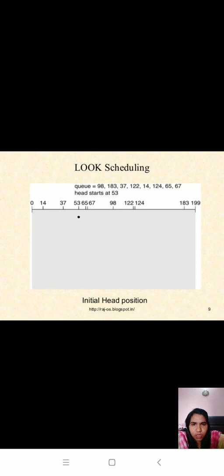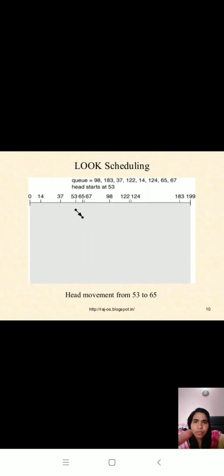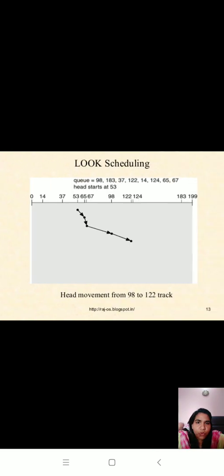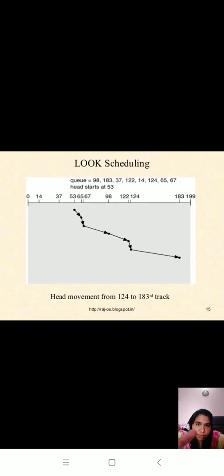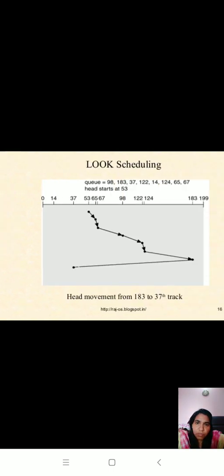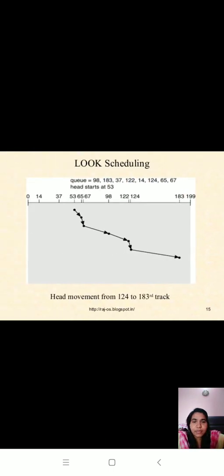Okay, so see, here is our read write pointer, and in the question it is given that it goes to the right from 53. So first we will move from 53 to 65 and 67, and we have to cover all the given numbers, but we don't need to go to the end of the cylinder as in the SCAN algorithm. Okay, so we have to stop at the last given value.